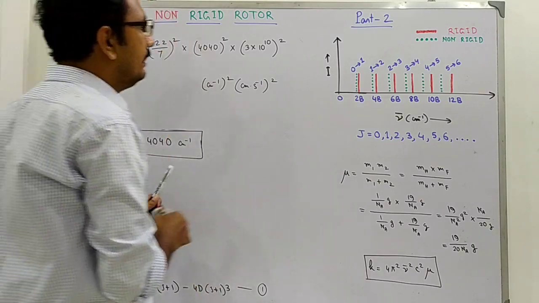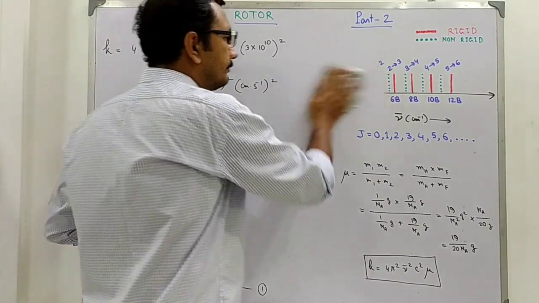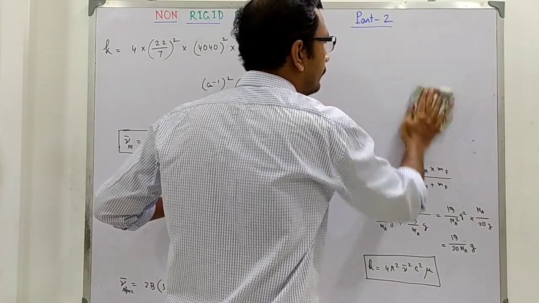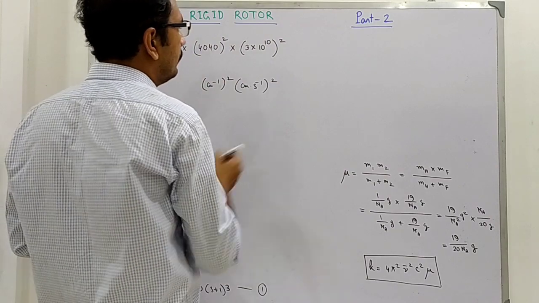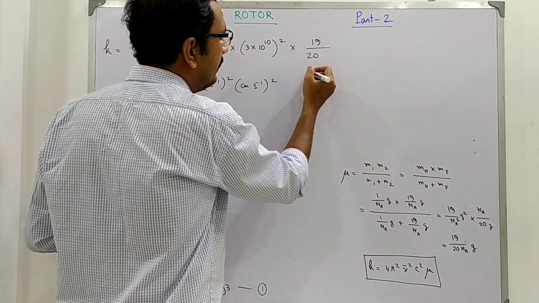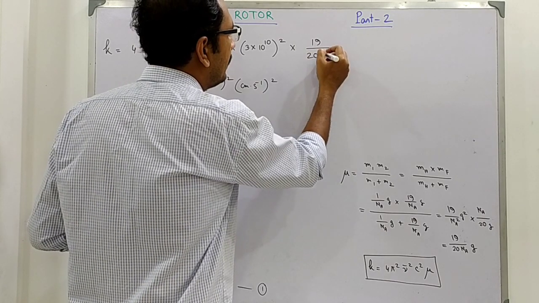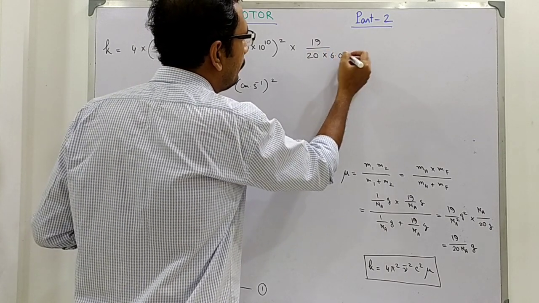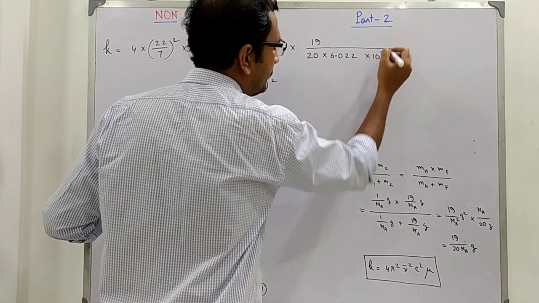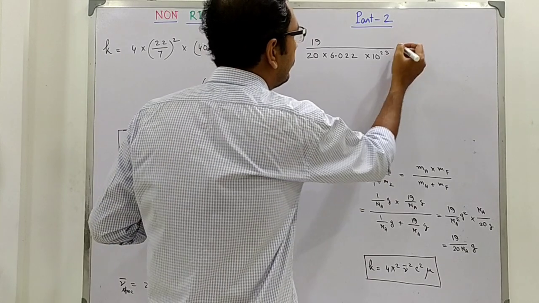Now we have to put here this value. So we put here 19 by 20 and Avogadro number here, so it is 6.022 into 10 to the power 23 and gram here.